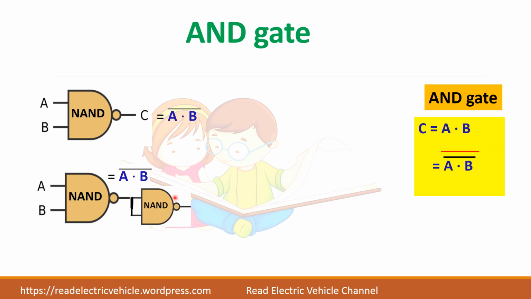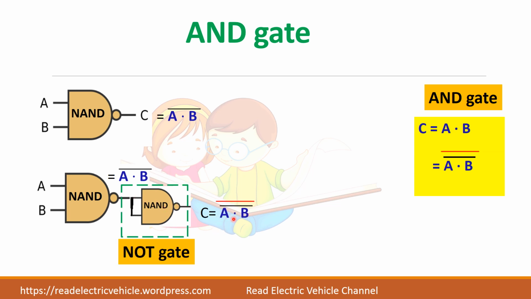So connect a NAND gate here and short the input, so it will act as a NOT gate. Now your output will get one more bar, so you will get this as output. So this is nothing but AND gate.